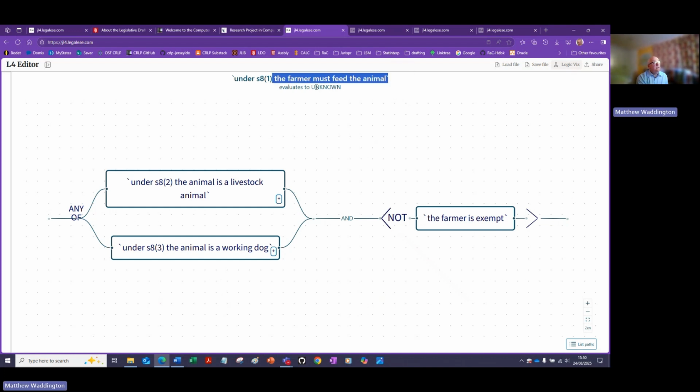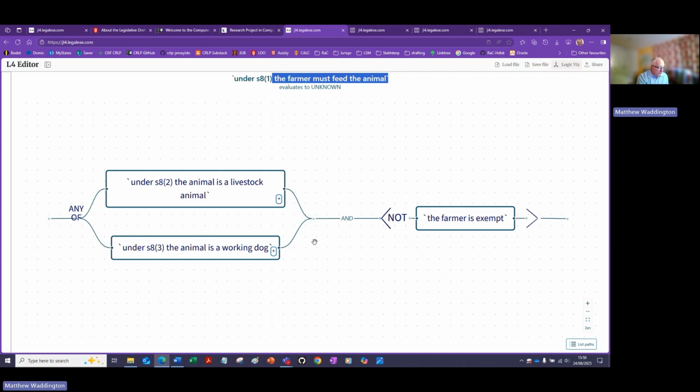And at the moment, it's evaluating that as unknown. We don't know whether the farmer must feed the animal. The point is that you need to get across this path, and you can either go through the route of the livestock animal or through the route of the working dog, but you also have to have the farmer not being exempt.